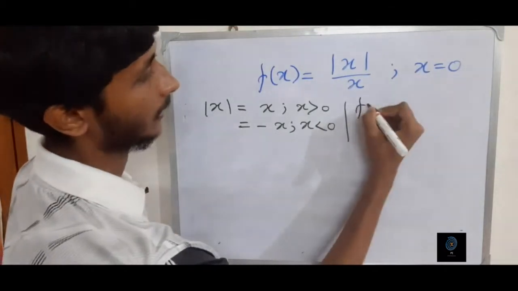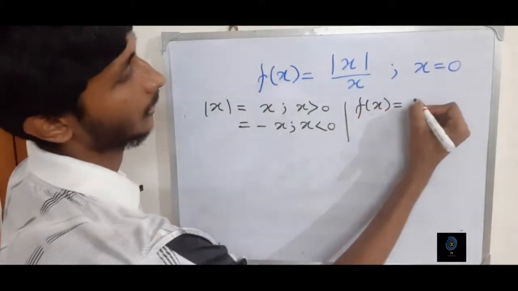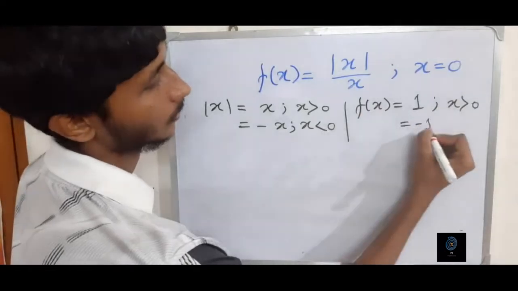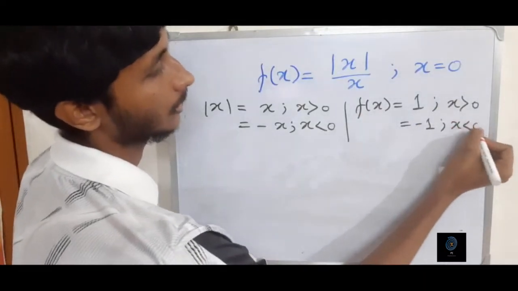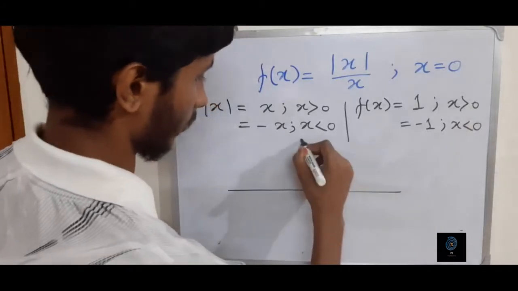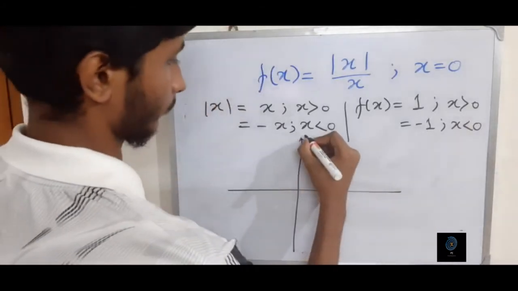So I write this function f(x) in a modified way. It will be 1 when x greater than 0 and it will be minus 1 when x less than 0. So here also I draw the diagram. The diagram will look like this.